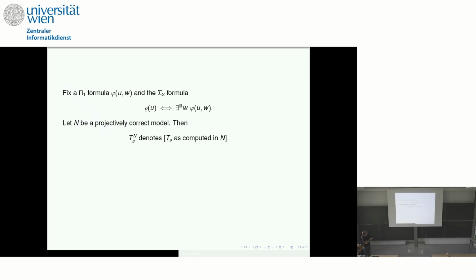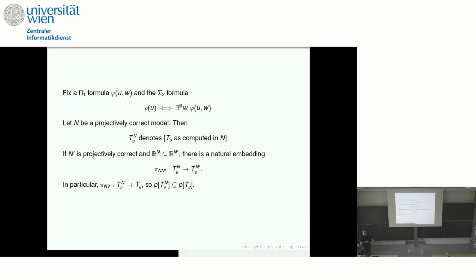Okay, now, again, phi is Pi_1 and rho is the Sigma_2 formula coming from quantifying there. If you've got any projectively correct model, then you can compute the version of that tree we just defined inside that projectively correct model, and it gives a nice version of the tree. Because it's projectively correct, it gets all of the relations on the prewellorder correct, so it's a reasonable subtree of the true tree, and it embeds in a natural way.